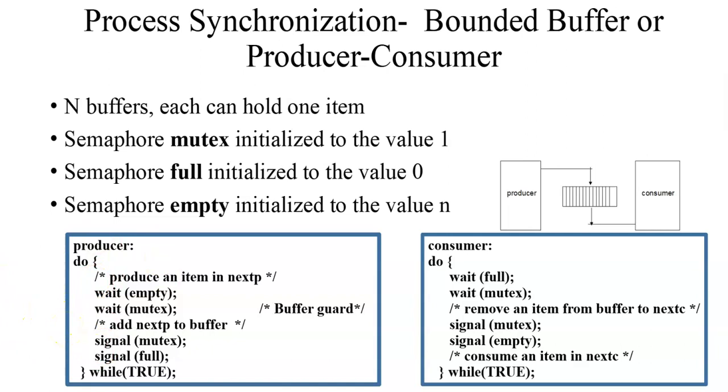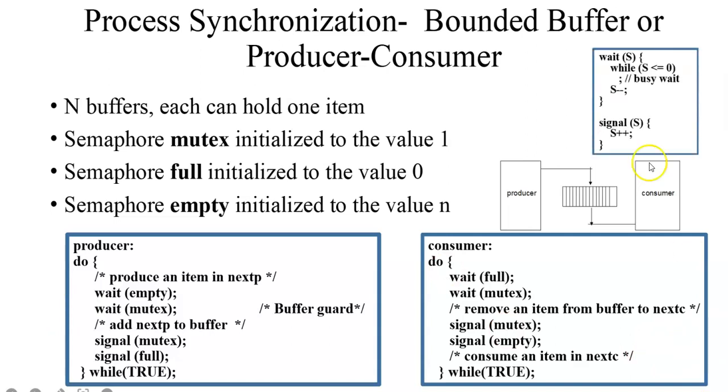If you need to recall the wait and signal operations, what wait does is it checks if the value of the semaphore is less than or equal to 0, and if so it makes the process wait in this while loop. So here, if there are 0 empty buffers, the process will wait.